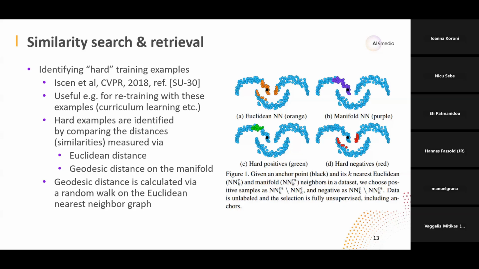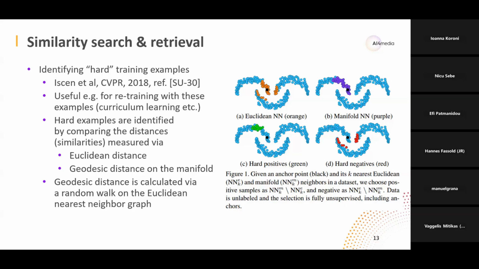And now the hard positives and the hard negatives are actually the set difference of those two. So you can see the hard positives are identified as the points which are neighbors with the manifold distance, but not neighbors when using the Euclidean distance.